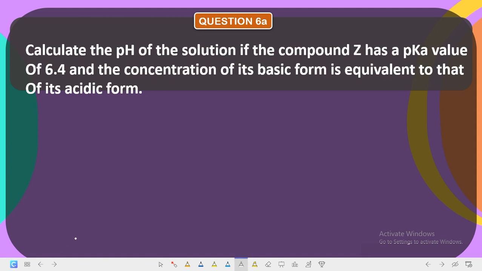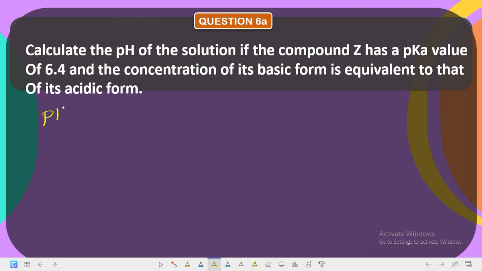The next says calculate the pH of the solution if compound Z has a pKa value of 6.4 and the concentration of its basic form is equivalent to that of its acidic form. Now, what is the relationship relating pH and pKa?